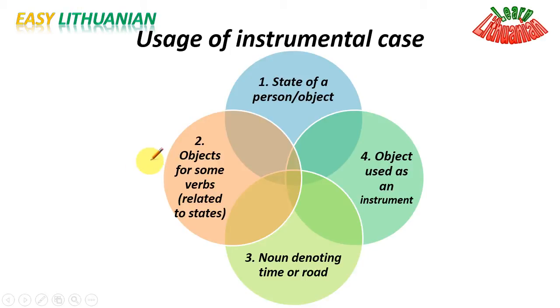Now, the second usage is objects for some verbs. The verbs are related with states, the states of the object, of people. For example, to talk with, to argue with, to text with someone, to greet someone, literally to greet with, and so on, to marry to, but literally to marry with.